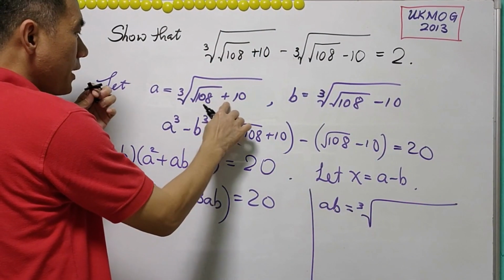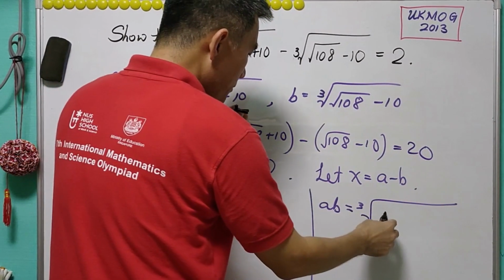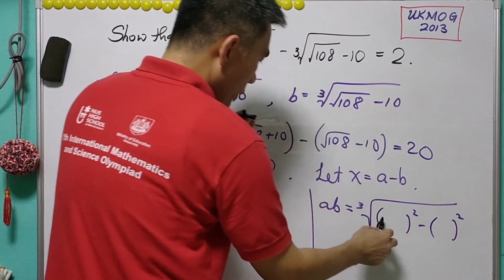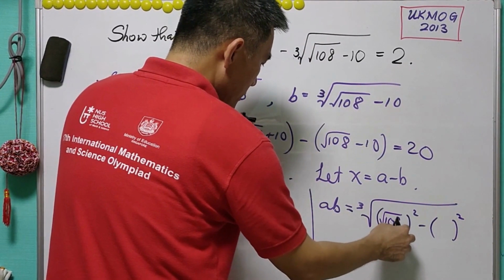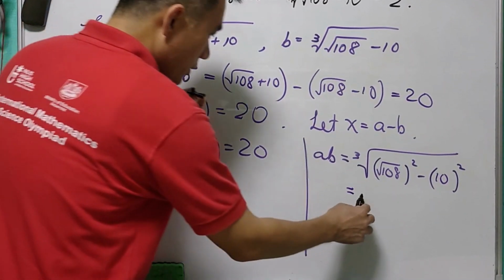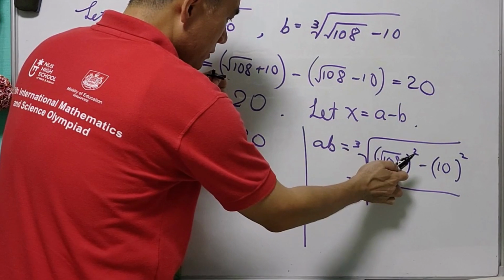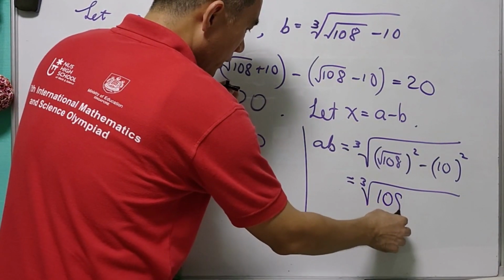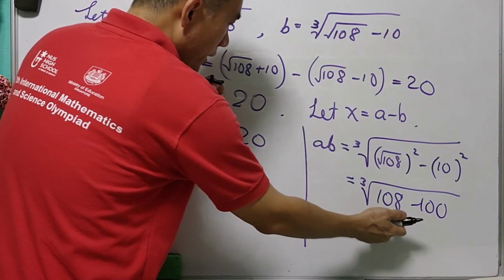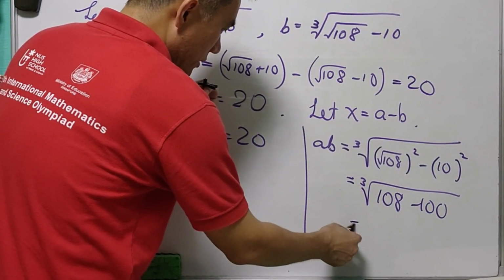We'll have (u plus v)(u minus v), so it will become u squared minus v squared, where u is square root of 108 and v is equal to 10. The square of square root 108 is 108, and this is 100. 108 minus 100 is 8. The cube root of 8 is equal to 2.